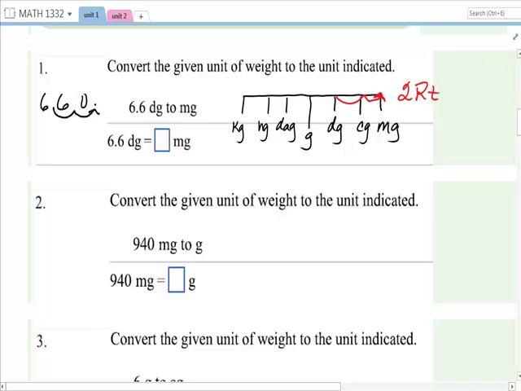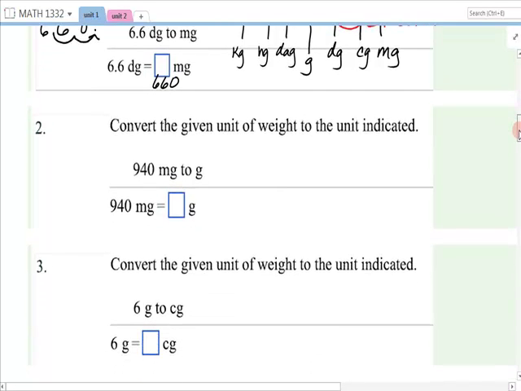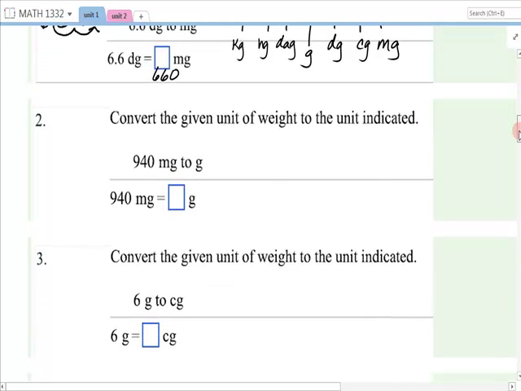I fill in with a 0, and my answer is that I have 660 milligrams. Just like yesterday. So it didn't matter that we changed over to a different concept. We're talking about weight or actually mass. But using the metric system for conversions is the same.